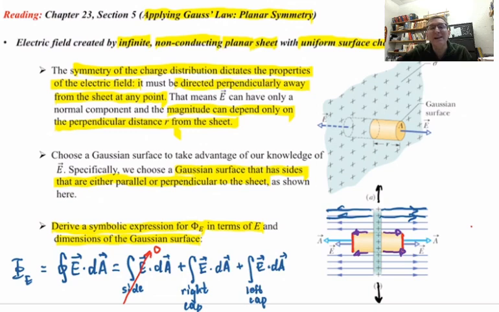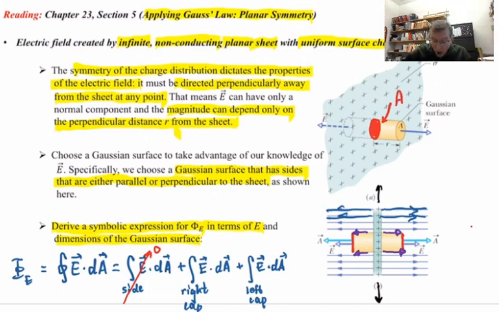Where inside that Gaussian cylinder is their actual physical charge? Do you see where it is? It's right where the Gaussian cylinder, kind of like a cookie cutter, cuts through the sheet itself, which is right there. And that's shaped like a circle of area A.